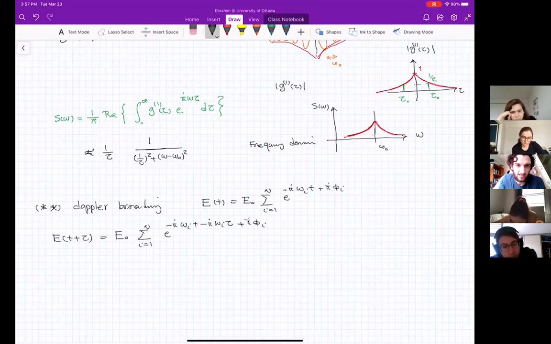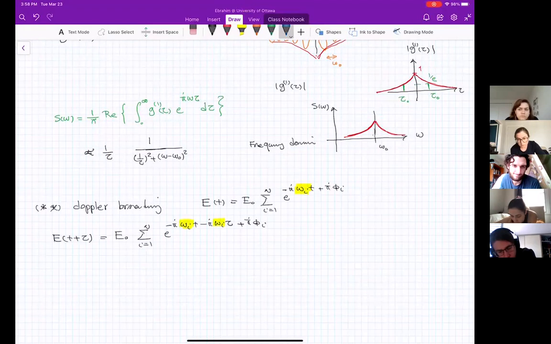And then phi_i at t plus tau. But the phi is constant. That was the hint. So the only function is this, for the sample, which is changing.